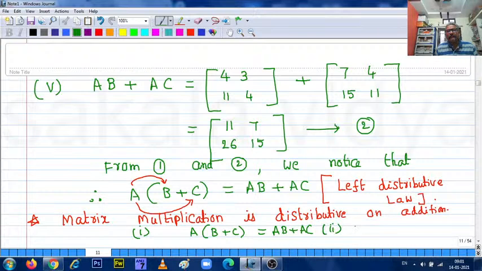Second, B plus C of A equals BA plus CA, but don't write AB and AC. This is called the right distributive law.